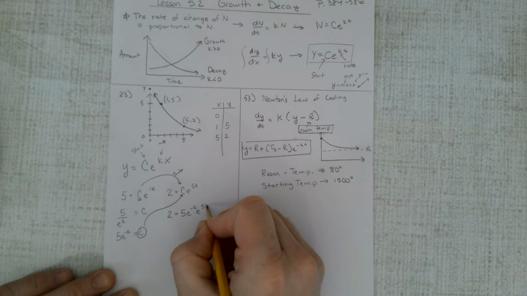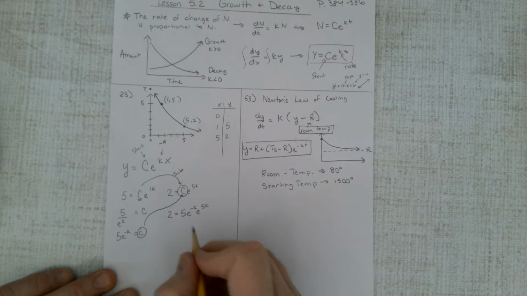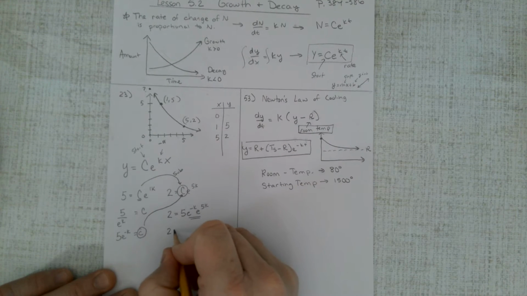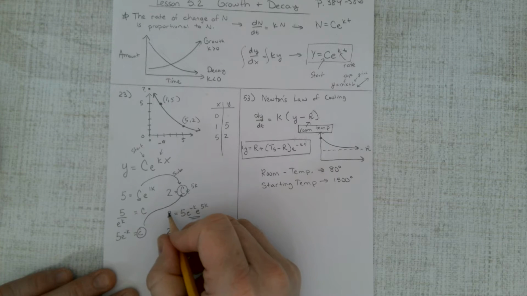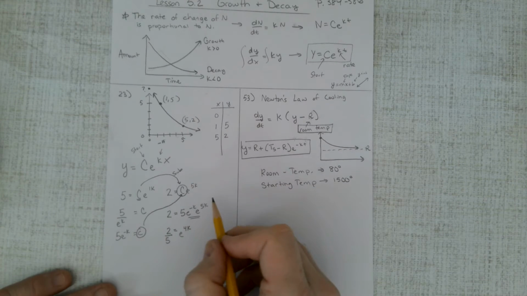Now I put that C in the other equation: 2 is 5e to the negative k times e to the 5k. Those can simplify: divide this over and add the exponents, giving e to the 4k.